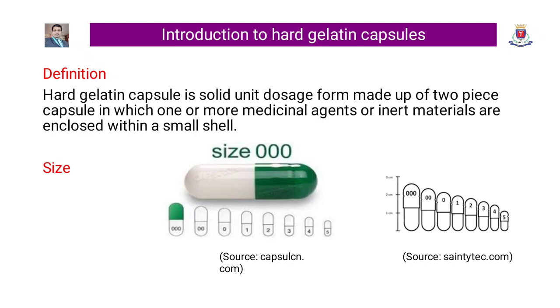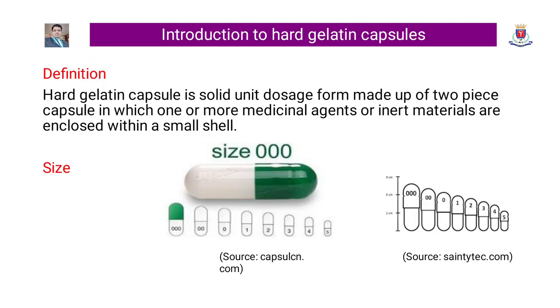Now the sizes of hard gelatin capsules. In this figure you can see the size of hard gelatin capsule. The size range from 000 to 5. You can see that 000 size is the largest size and 5 number size is the smallest one.